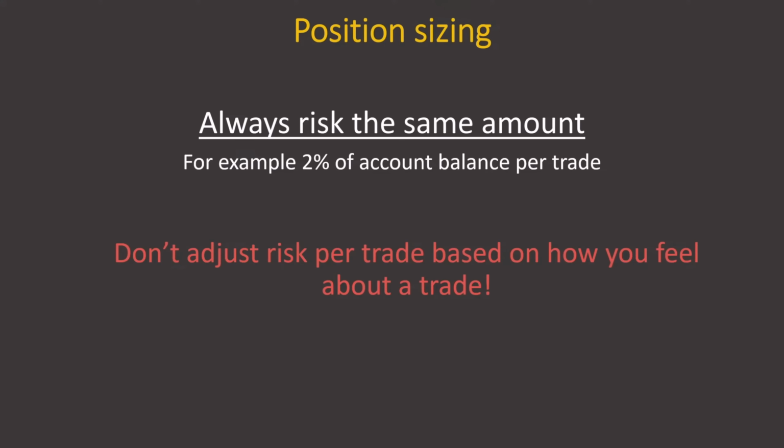First reason is that feelings are hard to measure, so it's not a reliable method. Second reason, in my experience, even the trades that don't look perfect can be just as successful as the ones that do seem perfect in the first place. Right, so that's why I prefer to stick to a solid plan and use the same position size for all my trades.